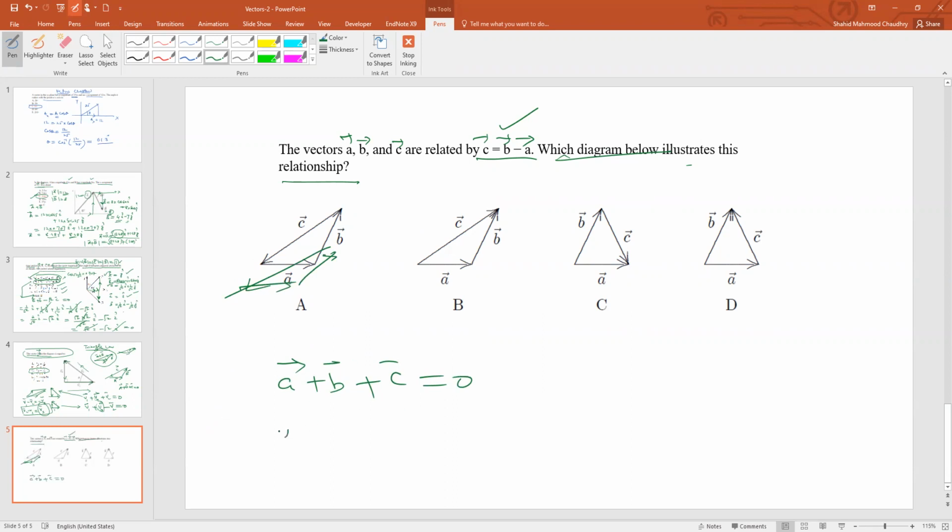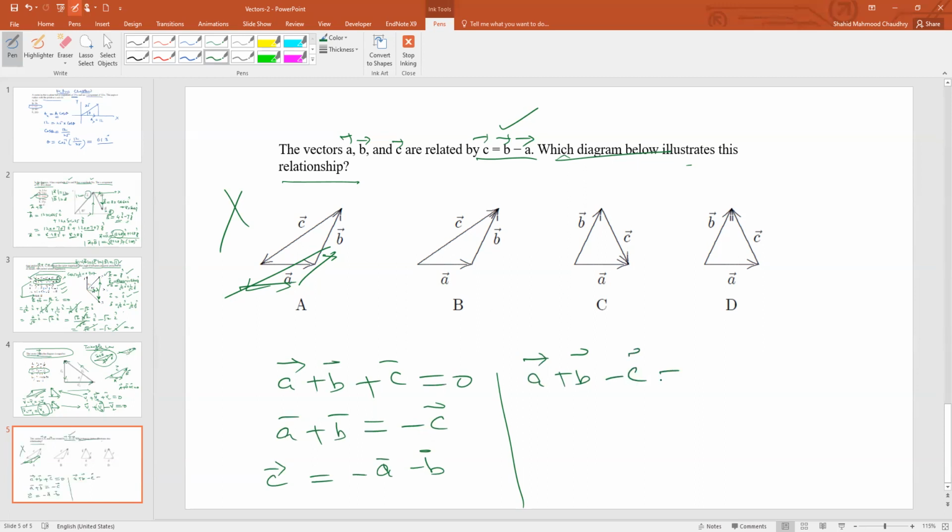If I want to write the C, B and minus C. So here is the C. If I want to make C, then the answer will be minus A minus B. So this is wrong. Understand? A plus B and this is minus C equal to 0. So A plus B is equal to C. This is not this one. This is wrong.